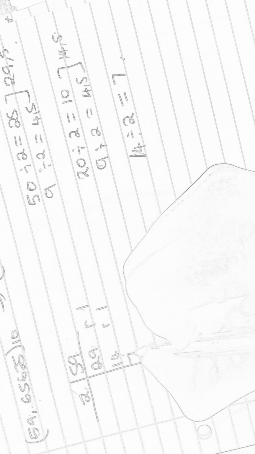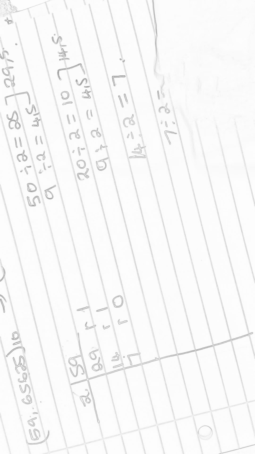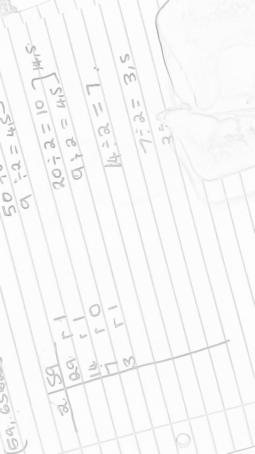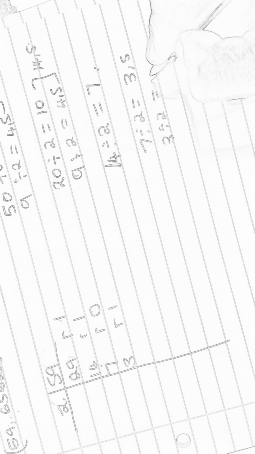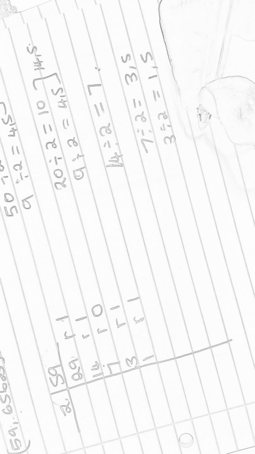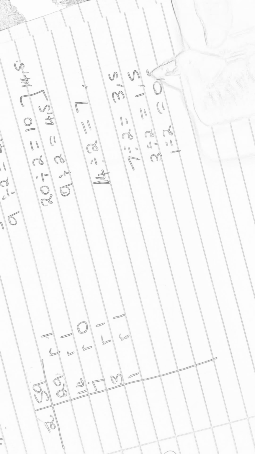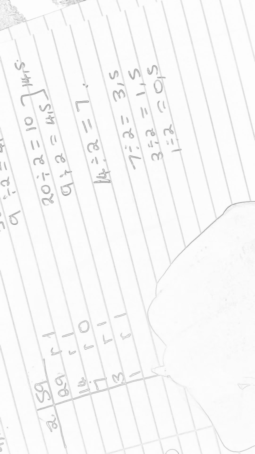It's going to be 7 remainder 0, and then 7 divided by 2, which is 3.5, 3 remainder 1, and then 3 divided by 2, which is 1.5, so 1 remainder 1, and then again 1 divided by 2 equals 0.5, which is 0 remainder 1.